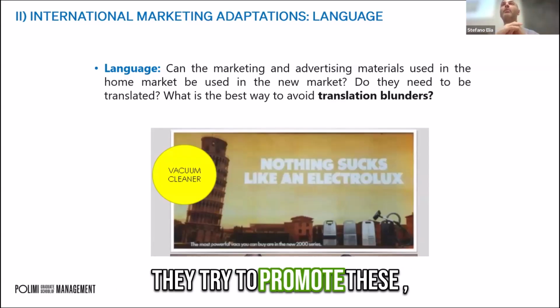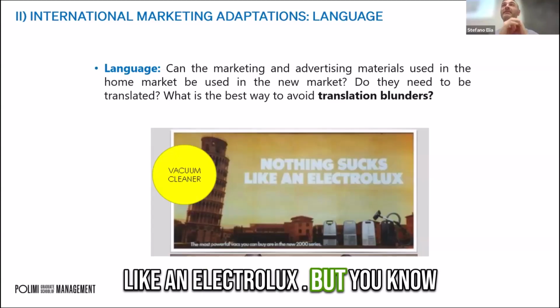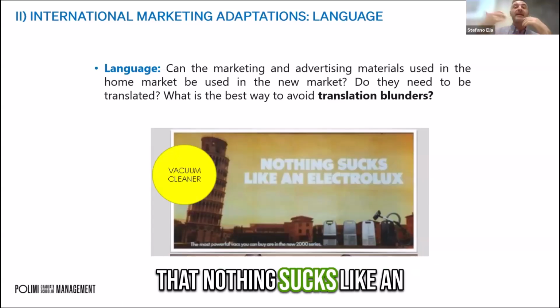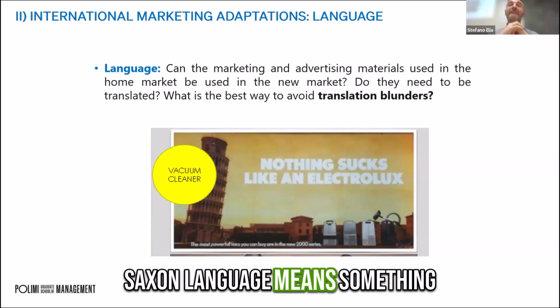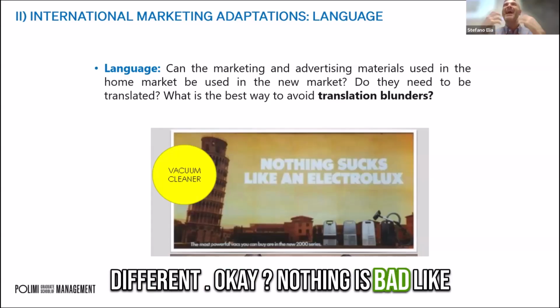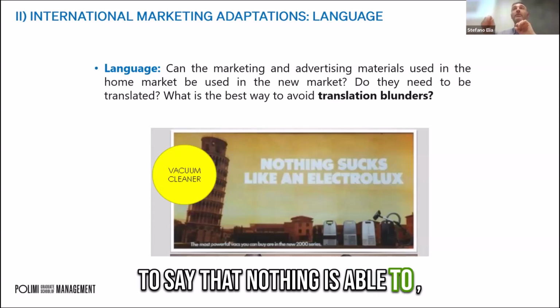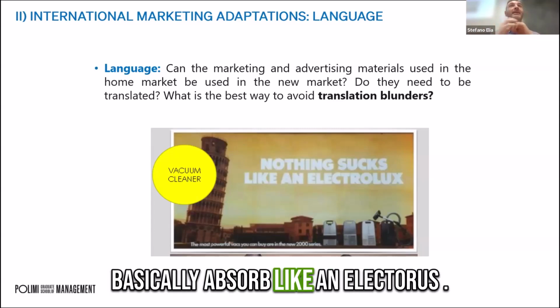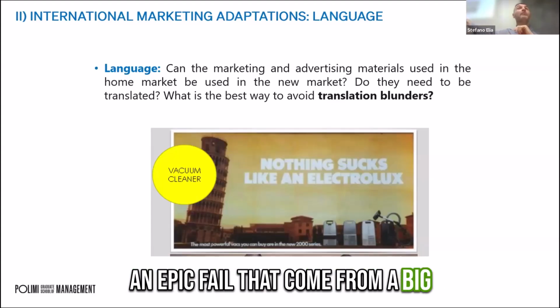Basically they tried to promote these products by saying "Nothing sucks like an Electrolux." But in English, "nothing sucks like an Electrolux" means something different: nothing is bad like an Electrolux, while they wanted to say that nothing is able to absorb like an Electrolux.